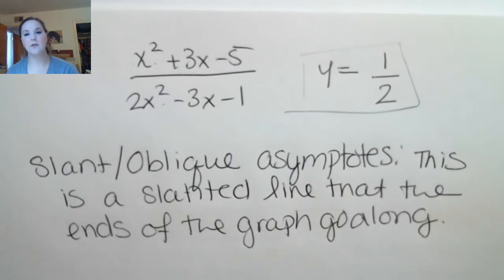Okay, and again, this tells you how the ends of the graph look like. So it's a lot like a horizontal asymptote, it's just that the line isn't completely horizontal.